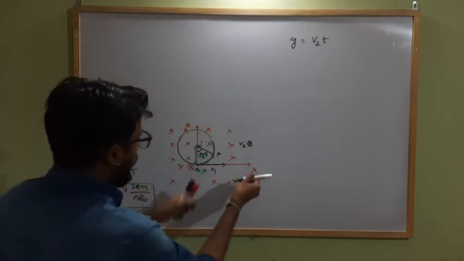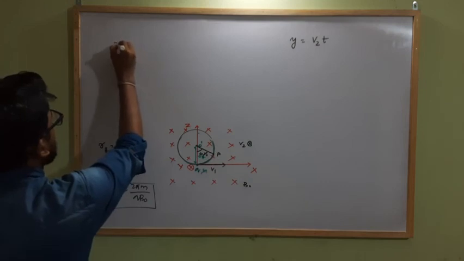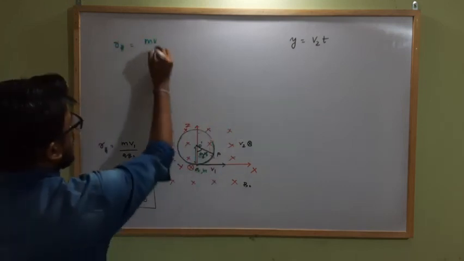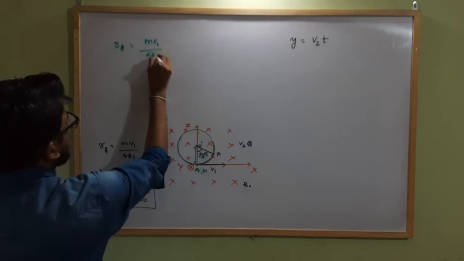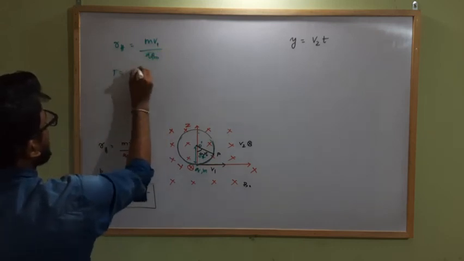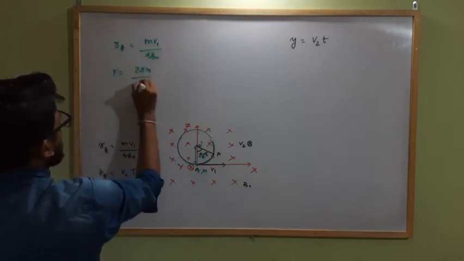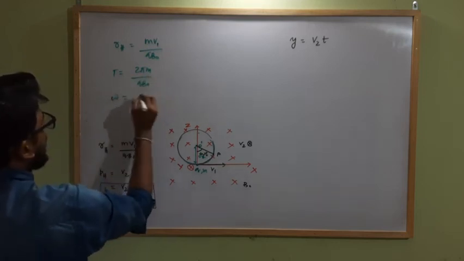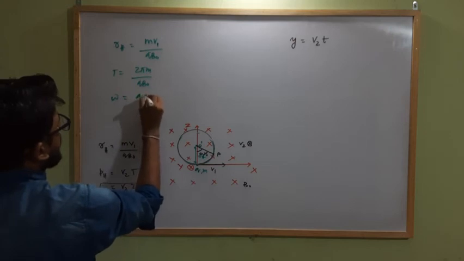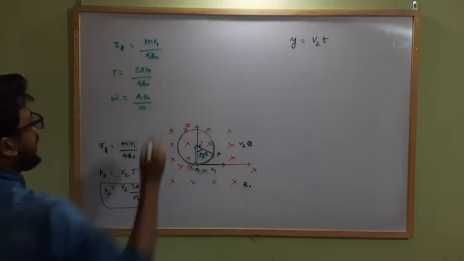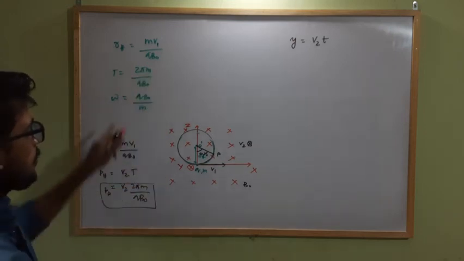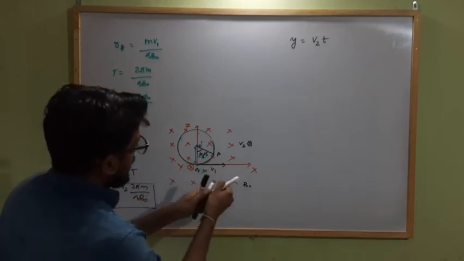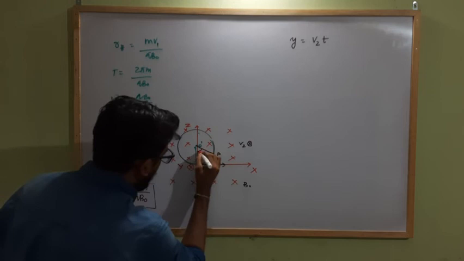So the omega for the helical path, as the radius of the helical path is mv1 by q b0, and the time period T equals 2 pi m by q b0. So omega will be how much? q b0 by m. This is the expression for omega. So at any instant t, the particle covers an angle omega t.